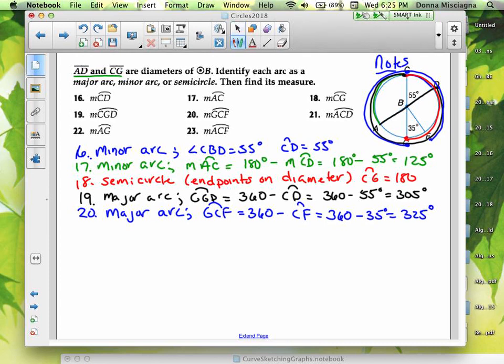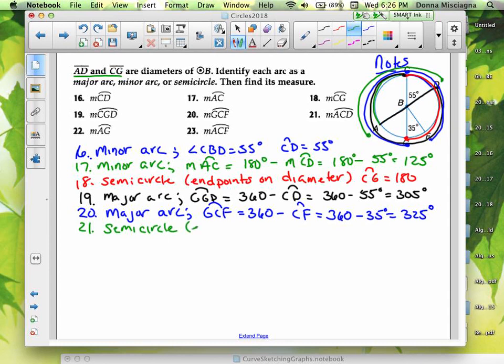Moving right along to 21. Arc ACD. So it starts at A, goes through C, and continues to D. Well, AD is a diameter. So it's got the endpoints on the diameter. That's a semicircle. Exact same thing as 18.